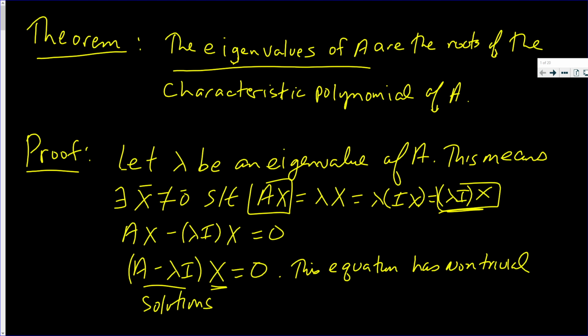Trivial solution is x equals 0. Then this matrix, since that matrix times x equaling 0 has non-trivial solutions, then we know that the determinant of this matrix must be 0.